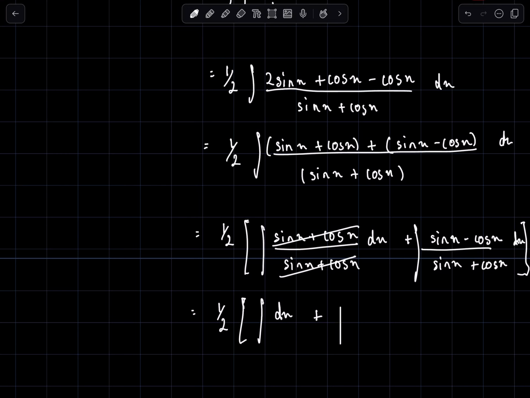So all you have to do is take sine x plus cos x equal to t.